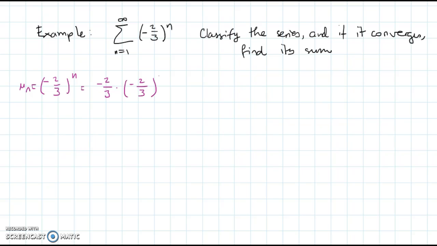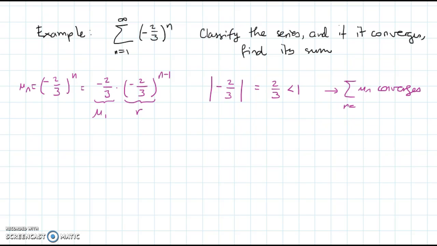We need to consider this to the power of n minus 1. So this is our u1, and here we have r. It is a geometric sequence. That's why we have tools to classify it and find the sum. The absolute value of the common ratio is 2/3, which is less than 1. So we know that the series converges.